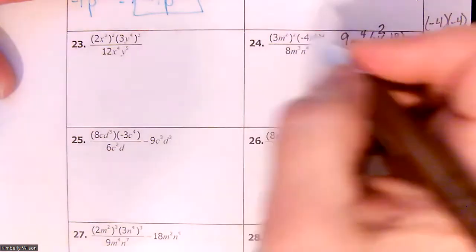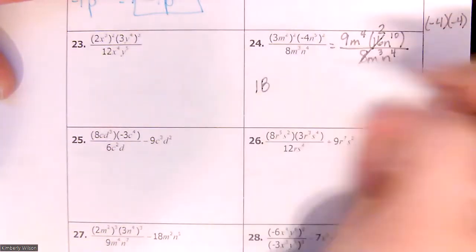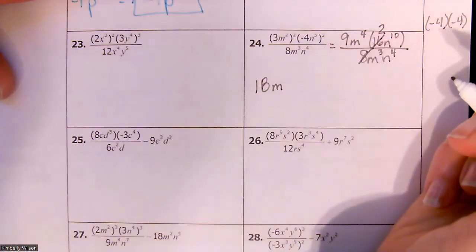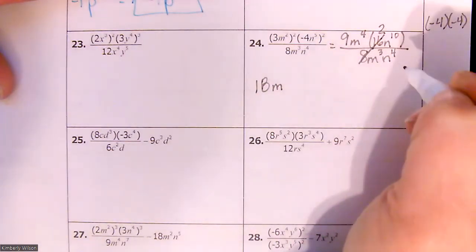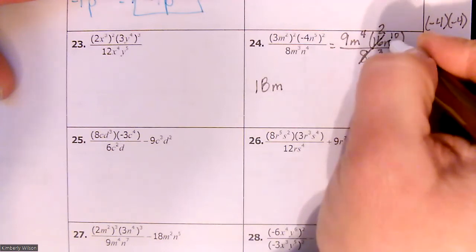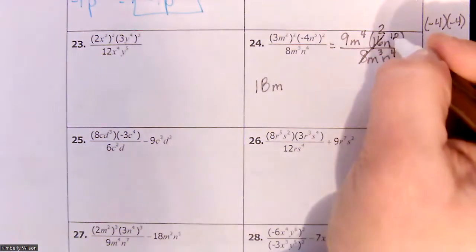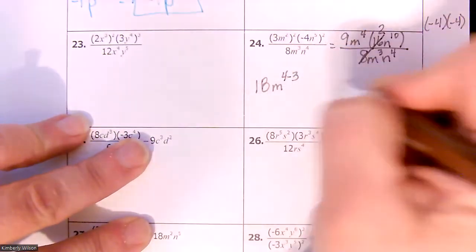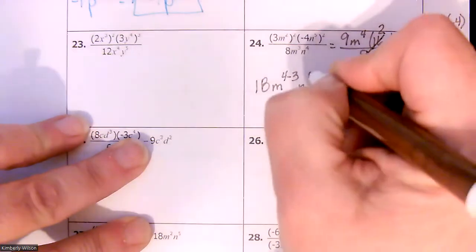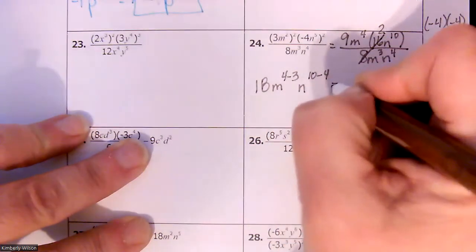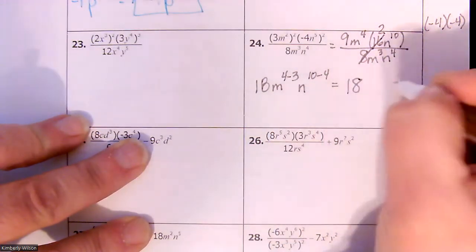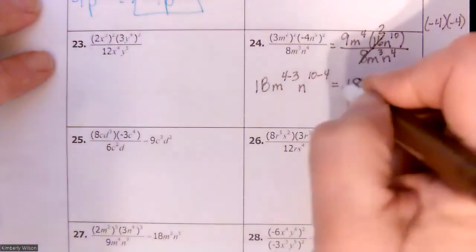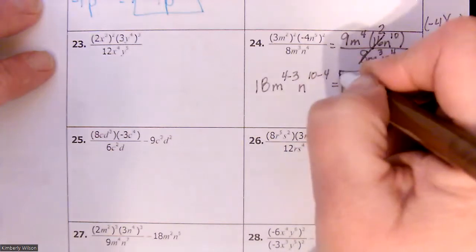So I've got 9 times 2, which gives me 18 m to the, so there's not an m in this one, so I don't need to worry about that. So therefore, now I can do my quotient rule. So the 4 minus 3 n to the 10 minus 4. So we end up with 18 m n to the 6th. And this is my final answer.